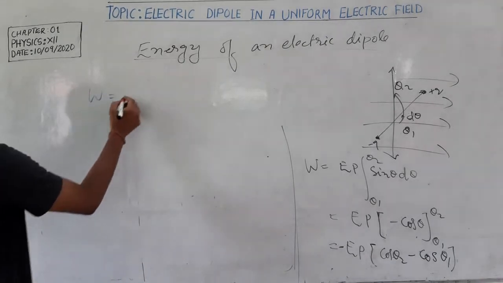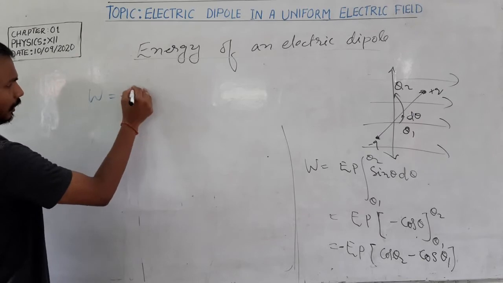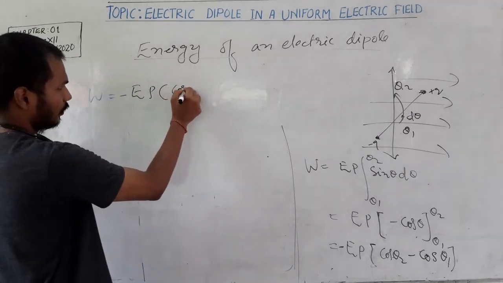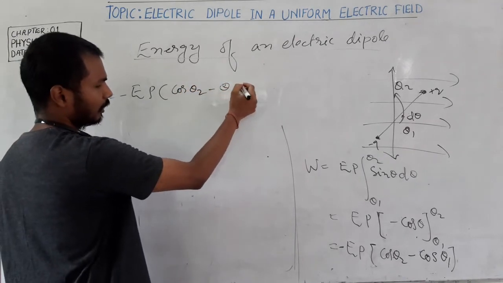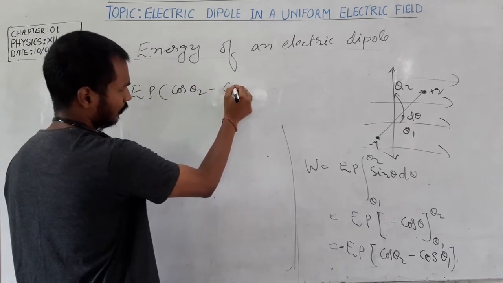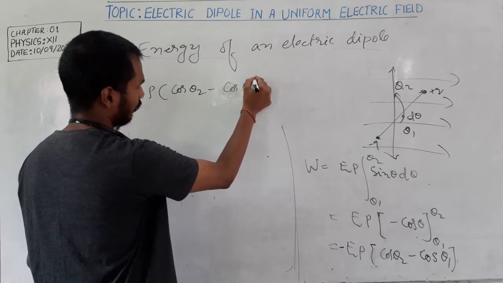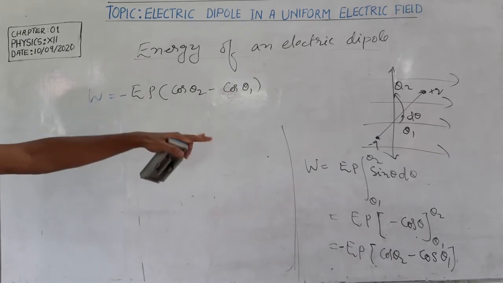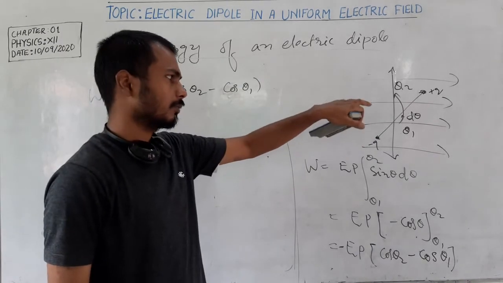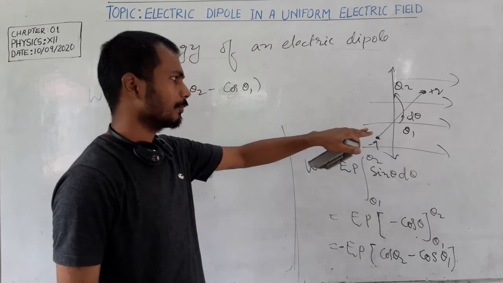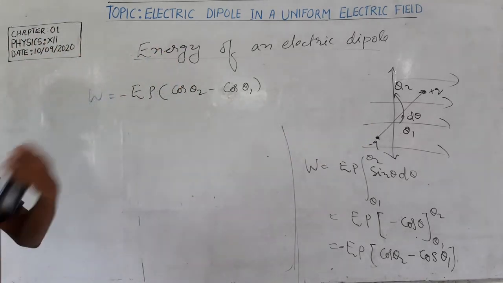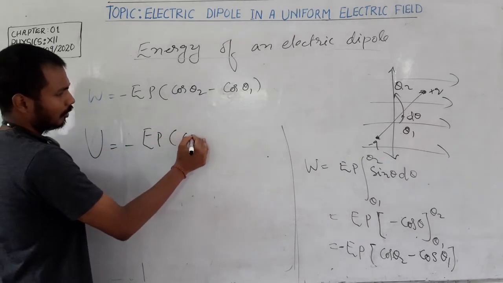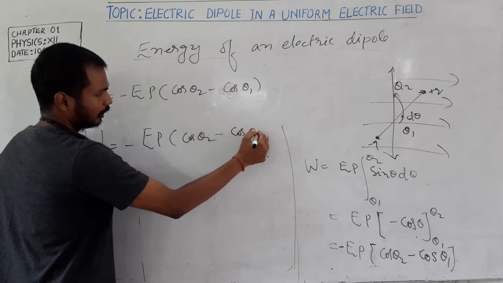Now W, the total work done, is equal to minus EP, cos theta 2 minus cos theta 1. So this is the energy of an electric dipole when it is placed inside a uniform electric field, and this energy is known as the potential energy of the dipole. So the potential energy of the dipole is equal to minus EP, cos theta 2 minus cos theta 1.